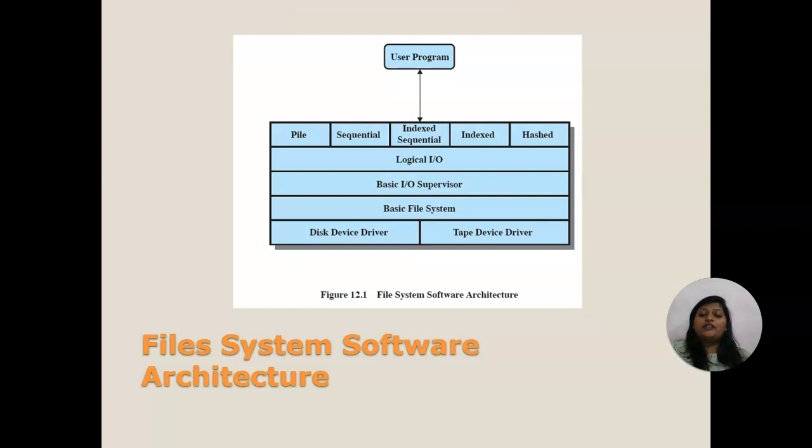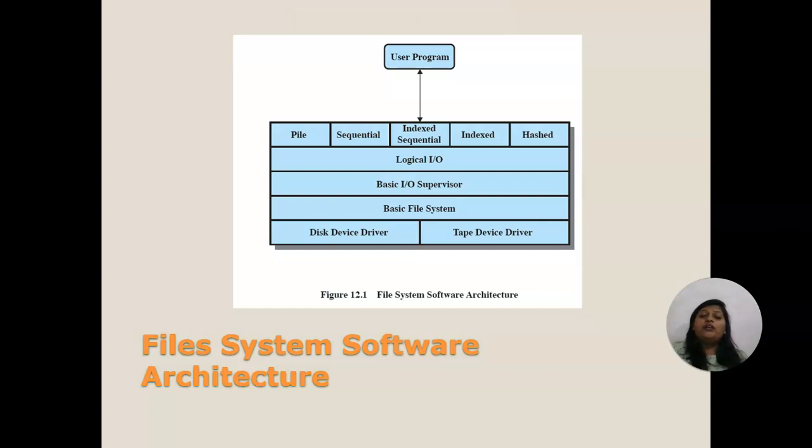Then the next sub point of file management is file system software architecture. The diagram represents this architecture. This architecture contains user program, then file, then sequential, indexed, hashed, logical I/O, basic I/O supervisor, basic file system, disk device driver, tape device driver.